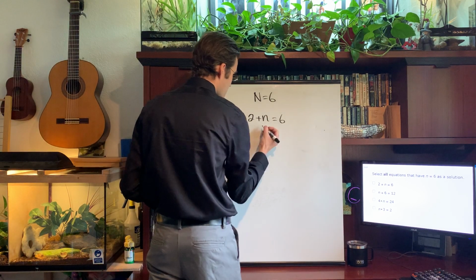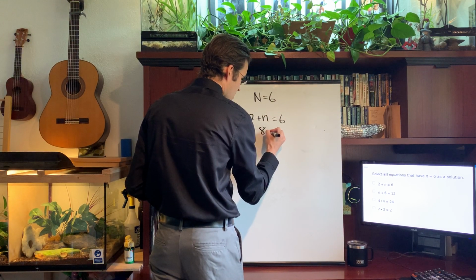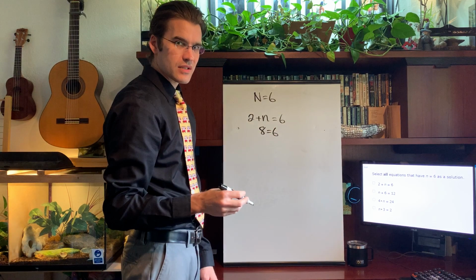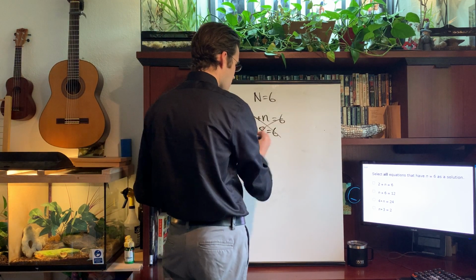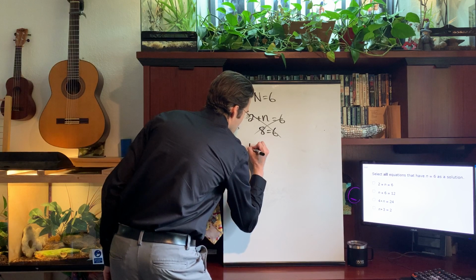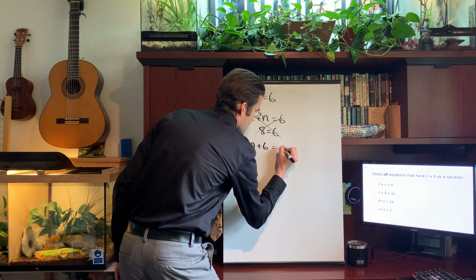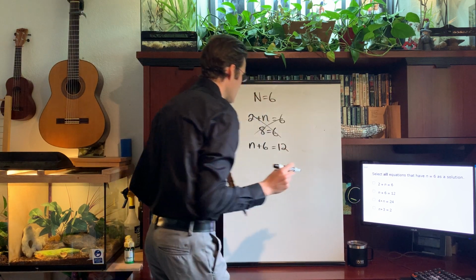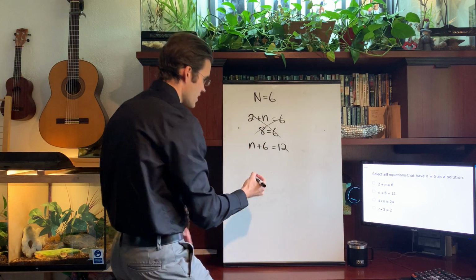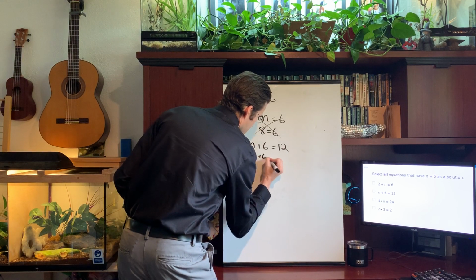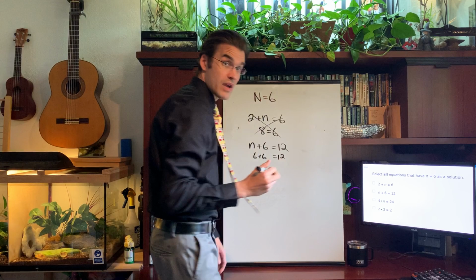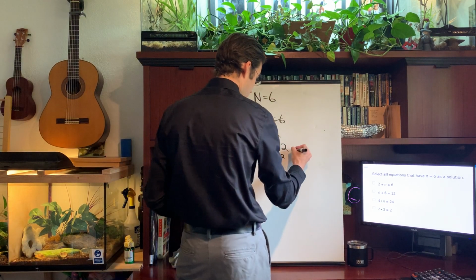What's 2 plus 6? Does 8 equal 6? No. So that one doesn't work. What about n plus 6 equals 12? If I put 6 in here, it'll be 6 plus 6 equals 12. Is that right? Okay, that one's good.